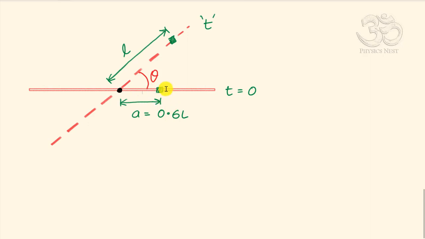And the bead B, which was initially at a distance a equal to 0.6 L from the center, is now at some other distance L from the center. Now at this moment we have the bead at some x, y coordinate, and we want a relation between those x and y coordinates so that we can figure out what kind of path the bead takes. What will be the x coordinate of bead B at this moment?